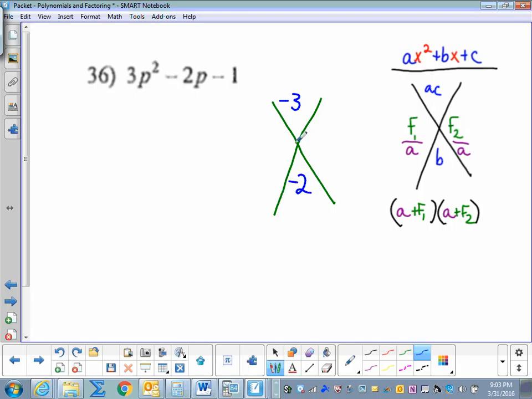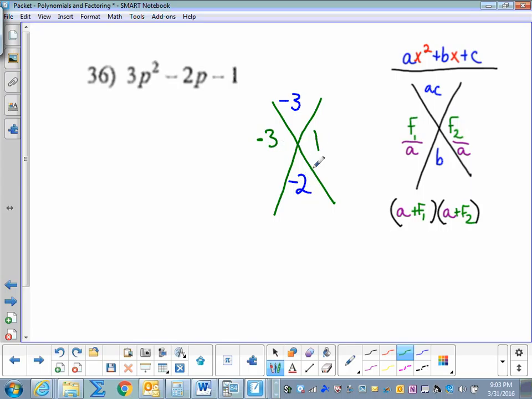So what are the two factors of negative 3 that add to negative 2? Well, 3 and 1 are the factors of 3, so one of these has to be negative. To get a negative 2, the 3 has to be negative. Negative 3 times 1 is negative 3. Negative 3 plus 1 is negative 2.